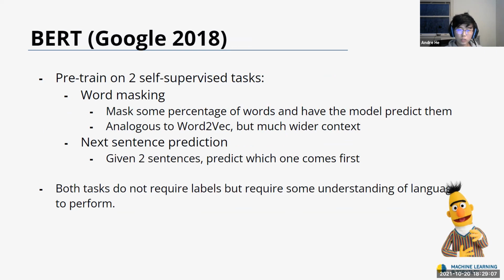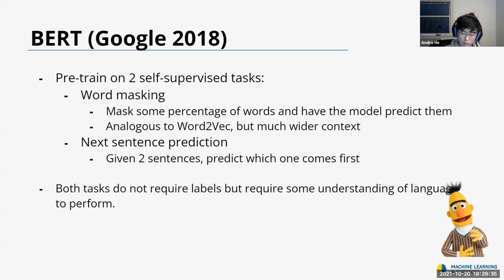It was pre-trained on 2 self-supervised tasks. This is very similar to the word embeddings we talked about before, where you have a task that doesn't really require labels, but requires some understanding of language to do well. The first task is word masking. In the pre-training procedure, you have this BERT model, and then you have a bunch of unlabeled text.